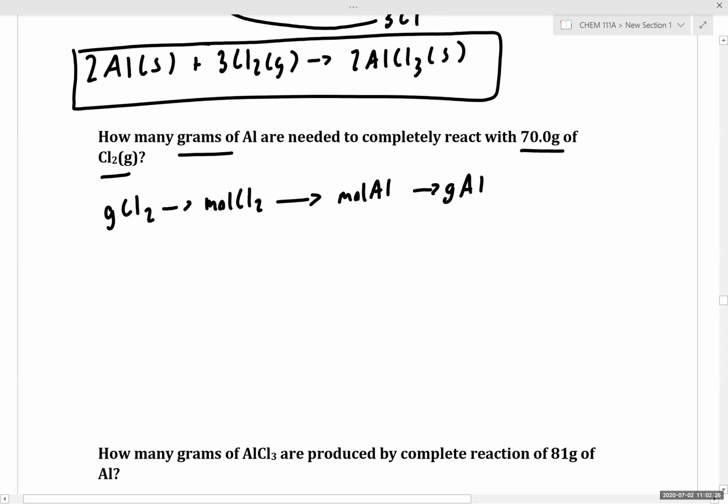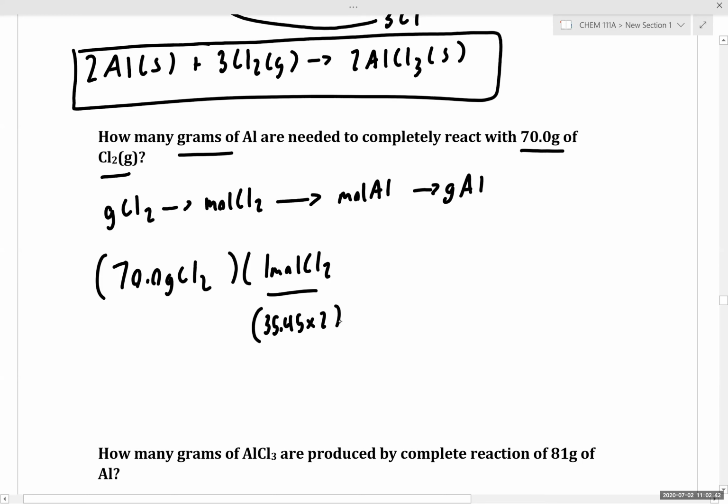Okay, so now that we have this setup at play, we know that from 70.0 grams of chlorine, in 1 mole of chlorine, we have 35.45 times 2 grams. We know, looking at our chemical equation now, how many moles of aluminum are required per mole of chlorine?